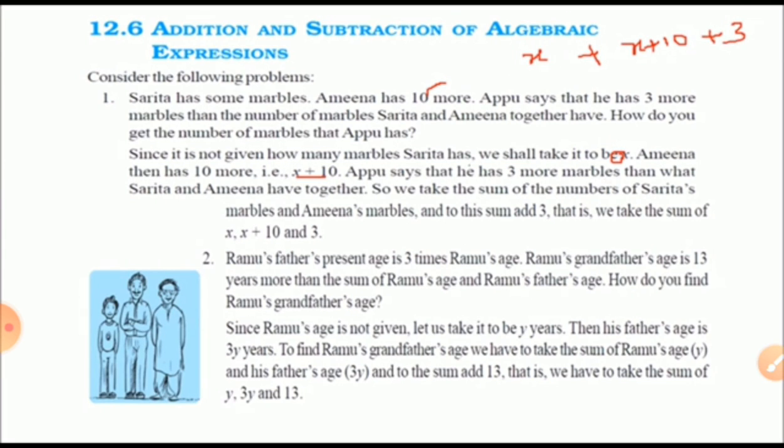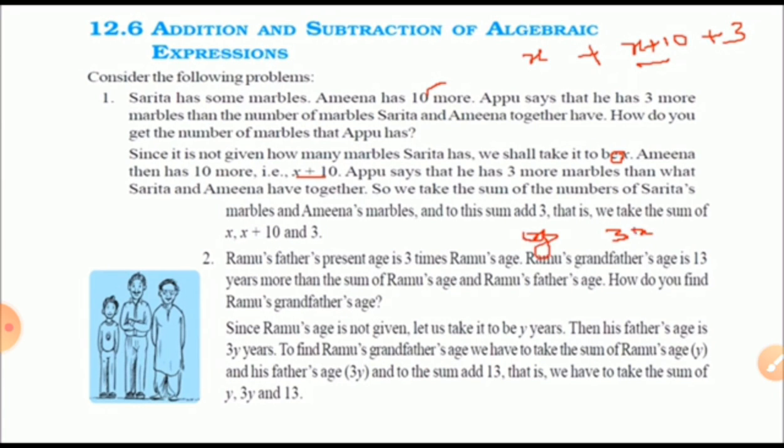Suppose Sarita has x marbles, so Amina has x plus 10. And Appu has x plus 10 plus 3, because 3 more are given. So altogether you can say these are called expressions.